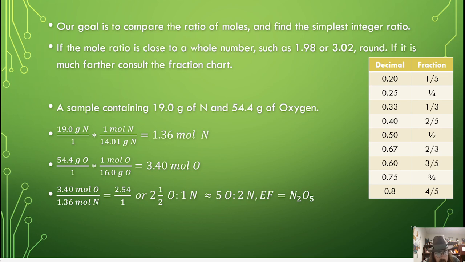So my empirical formula is N2O5: 5 oxygens for every 2 nitrogens. And that is a reasonable number. If I tried to make a smaller fraction, it's going to get very nitpicky. So these fractions are usually more than convenient enough.